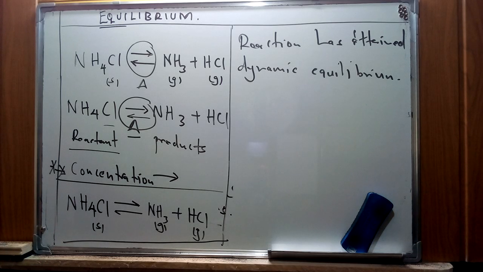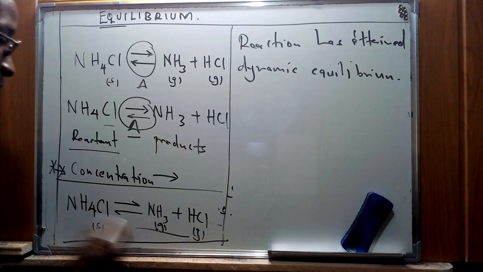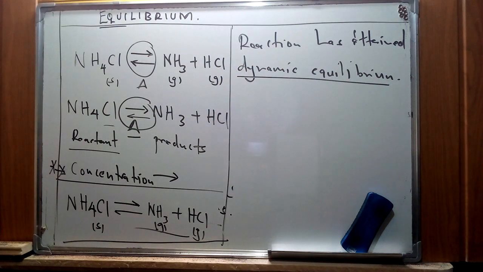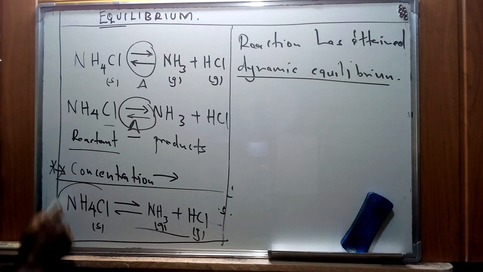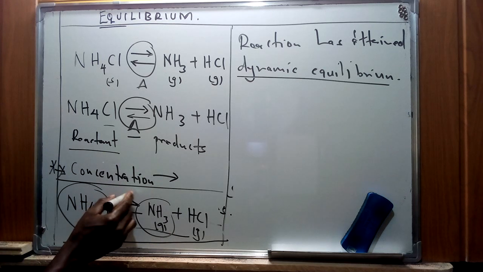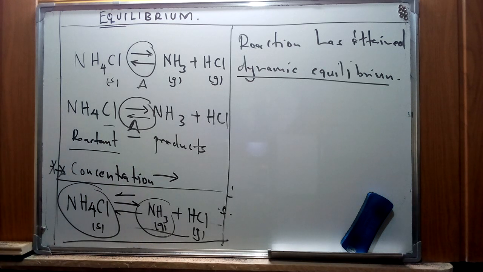Now, there are some factors which, of course, we have said are going to affect this particular concept of equilibrium, in a way that if these reactants and the products, or the forward and the reverse reactions, have attained a state of balance, if one tries to alter the concentration of either the reactants or the product in one way or another, then the reaction is going to proceed in a new direction, favoring a concentration where there is a lower concentration of either the products or the reactants.